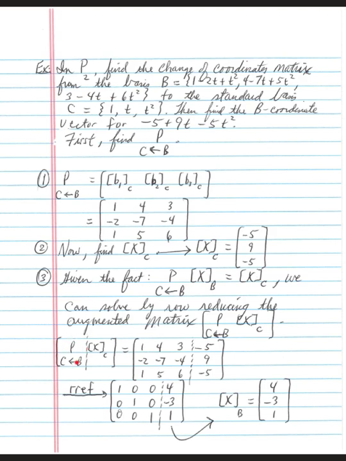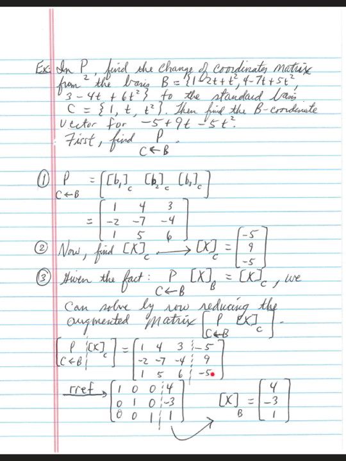Okay, so here's the setup. From part 1, we have these 3 columns. These were the coefficients from the 3 vectors in basis B. So those are our first 3 columns. The last column is the C coordinate matrix, and that's the one we're trying to find a B coordinate vector for.